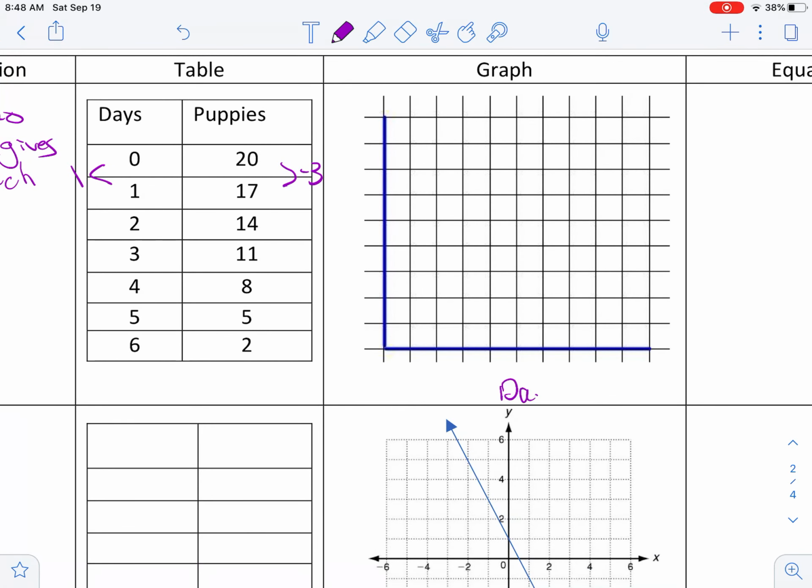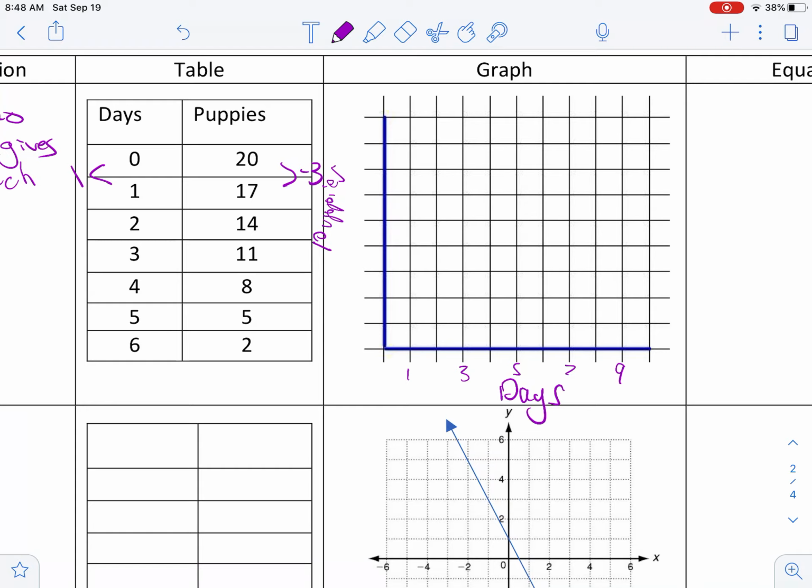All right. So here we have days, and on the left side here we have puppies. We can count by ones. And then over here on this side, I suppose we could count by twos and get away with things.